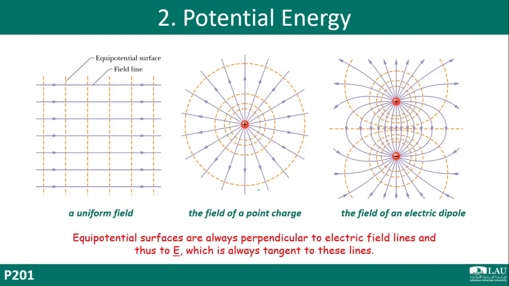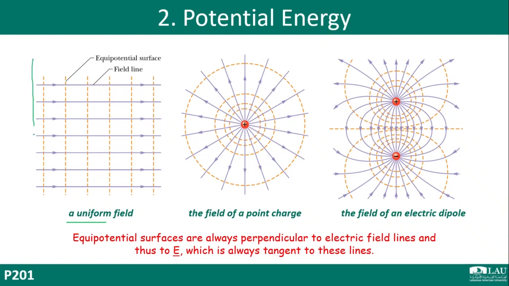Here I'm representing different shapes of the most studied equipotential or field. As you can see here, we have a uniform representation. You know the direction of the electric field: the electric field is always directed from positive to negative.